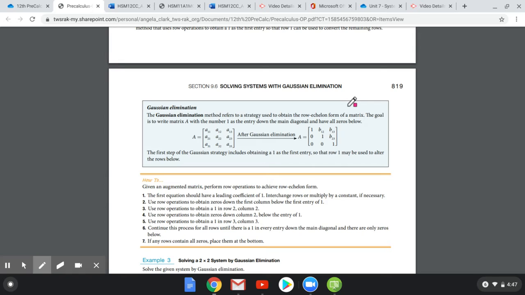Basically, Gaussian elimination just means you're ending up with an equation that's x plus something y plus something z equals, I'm running out of room, but there would be a something here. And then the second equation is y plus something z equals something, and then z equals something, and you're ready to start substituting back in.